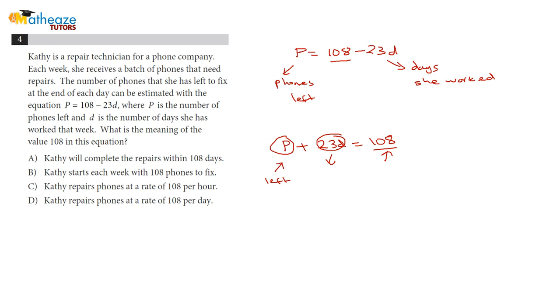So therefore, 108 represents the value you started off with. Or we can look at it as the y-intercept. If you haven't worked at all, that's the number of phones you have left over.